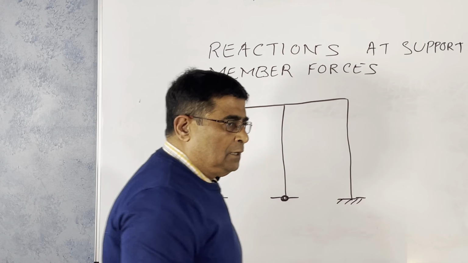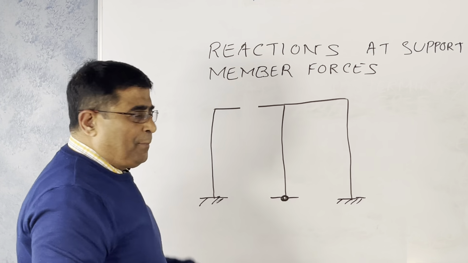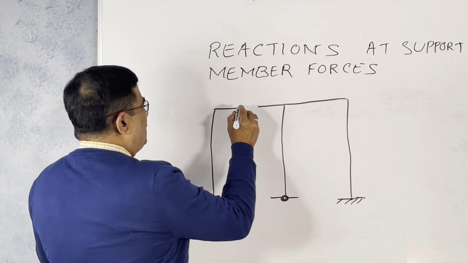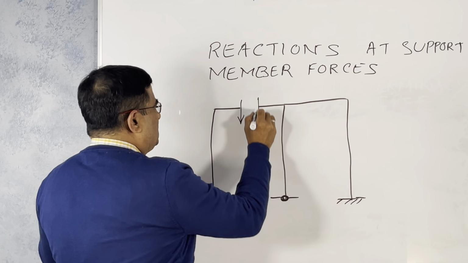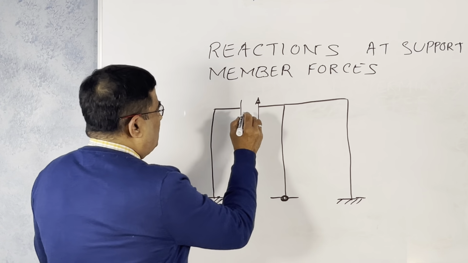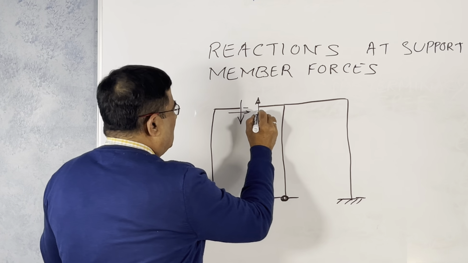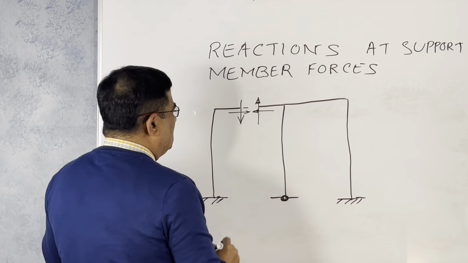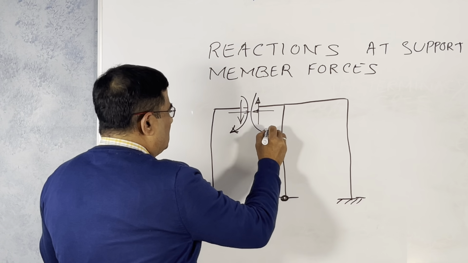Similarly, if you cut a member, in a member you have forces. The first force is the shear force. They are opposing each other, cancelling each other. Another force is your axial force. Another one is your moment.